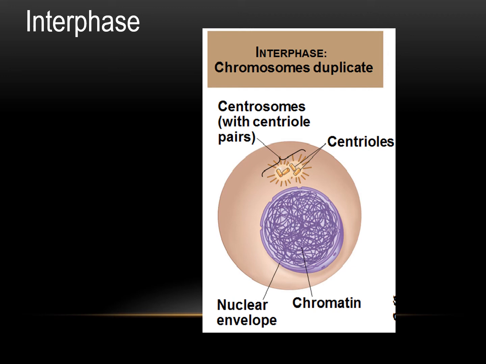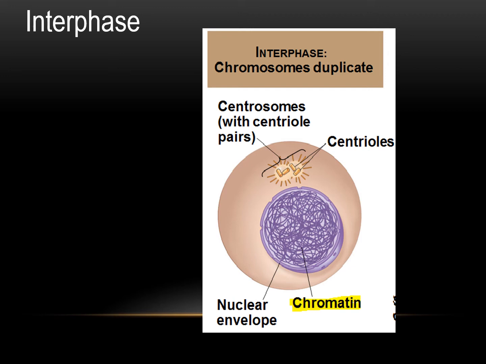But secondly, what happens is your chromatin network will make a copy of itself. So there are 46 strands, not chromosomes yet, 46 strands of DNA within your cell. And during the process of interphase, each one of those strands makes a copy of itself in the process of DNA replication.